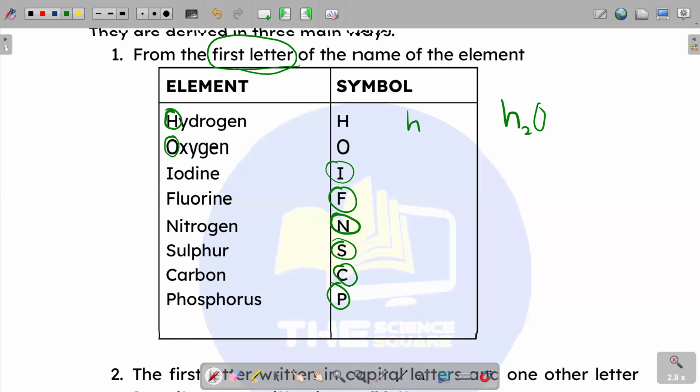It has to be H2O, where this 2 is a subscript showing the number of hydrogen atoms present in the water molecule. When you are writing your chemical equations or chemical formulas, you should ensure that these elements are written in capital letter.